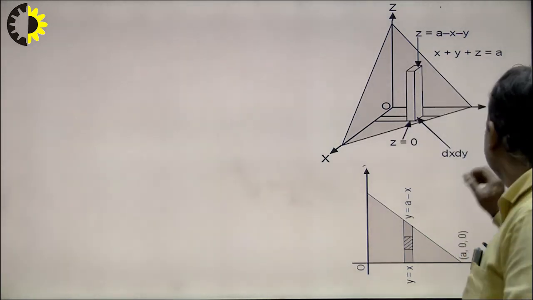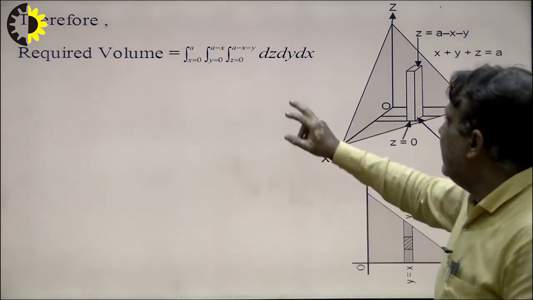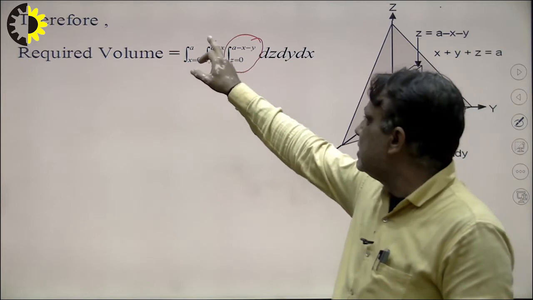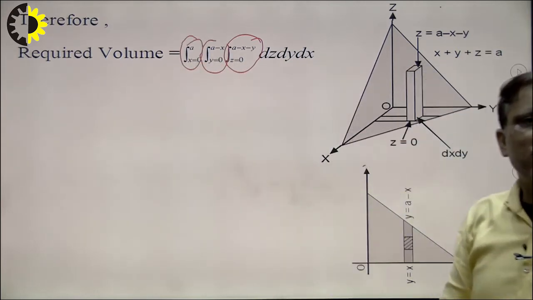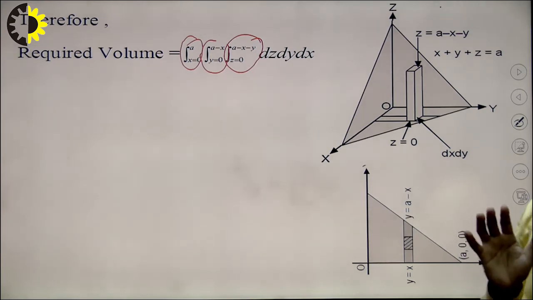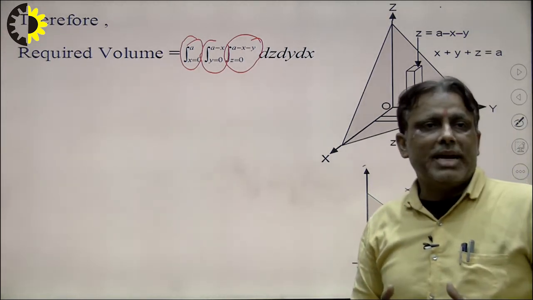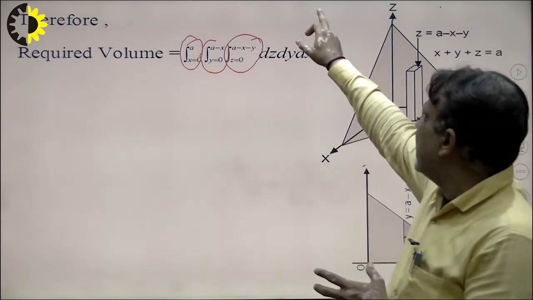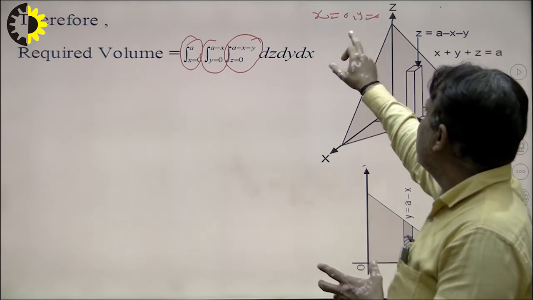Now we see what the conclusion of this problem is. The limit of z is this, the limit of y is this, and the limit of x is this. From the graph we obtain the volume of the first octant only, because in the given problem x is equal to 0, y is equal to 0 and z is equal to 0.